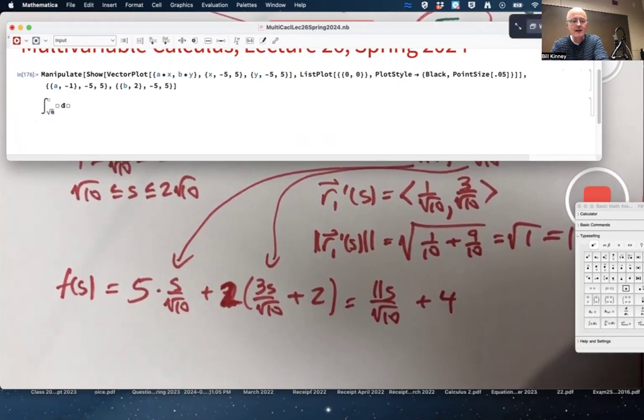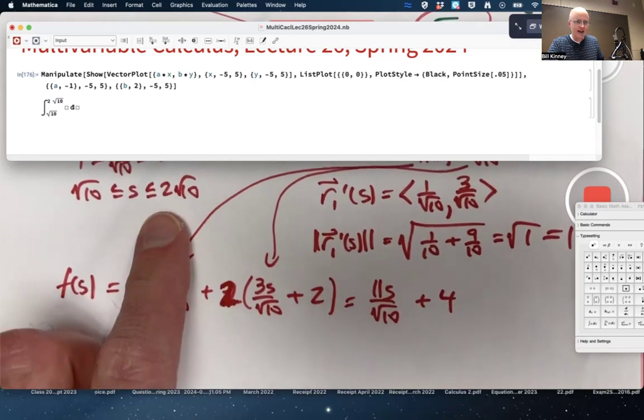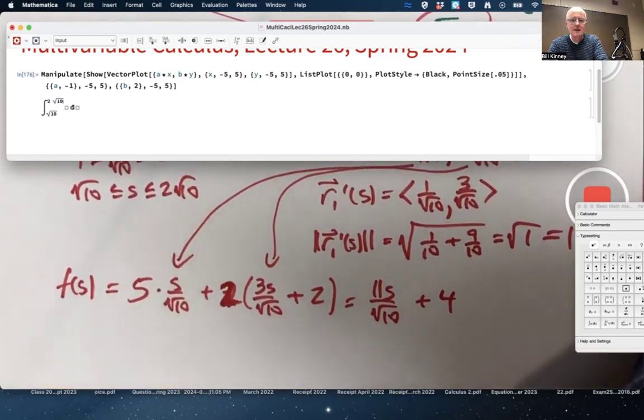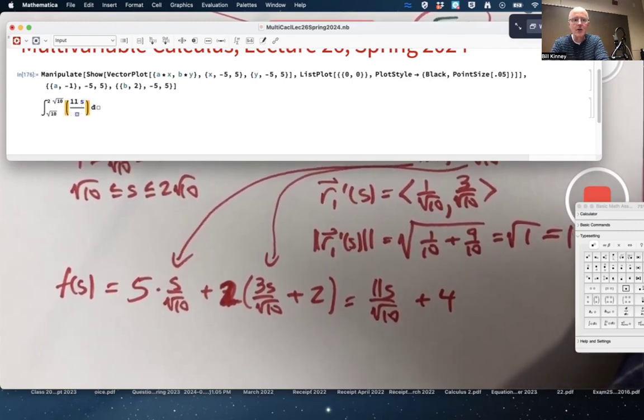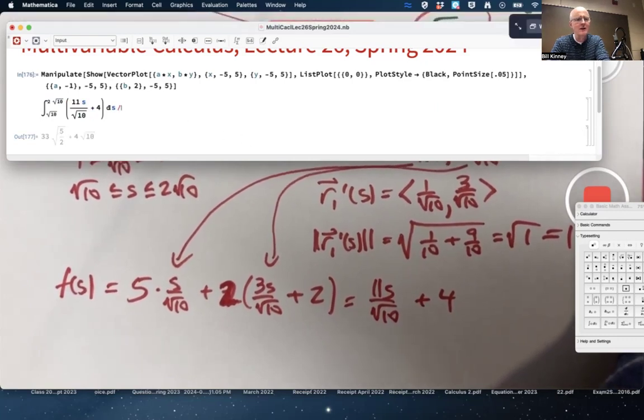Square root of 10 to 2 square root of 10, those are the limits on s of the function 11s over square root of 10 plus 4. I hope that's right.